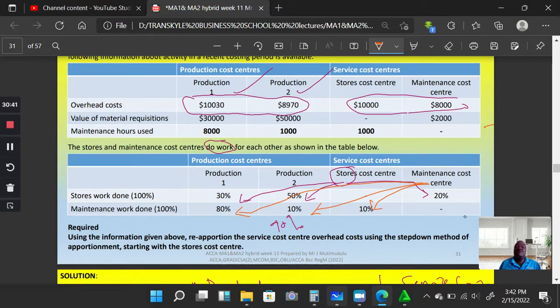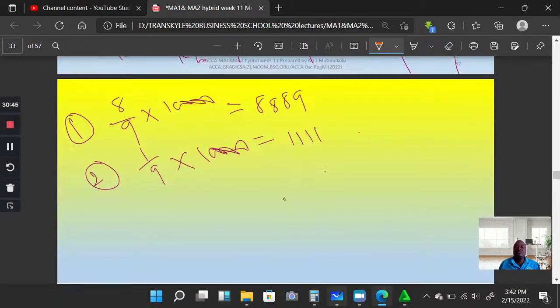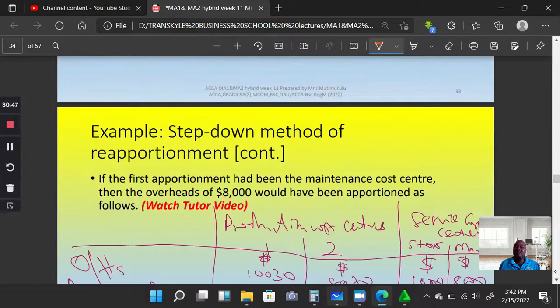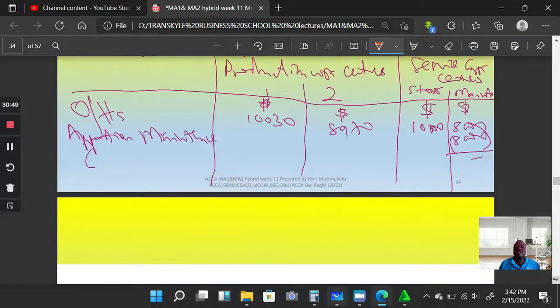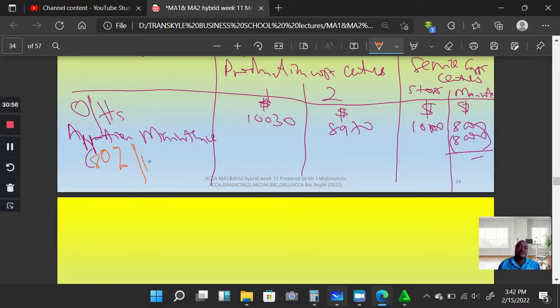That's how maintenance was servicing these guys. So we just use the same ratios, the same percentages: 80%, 10%, 10%.